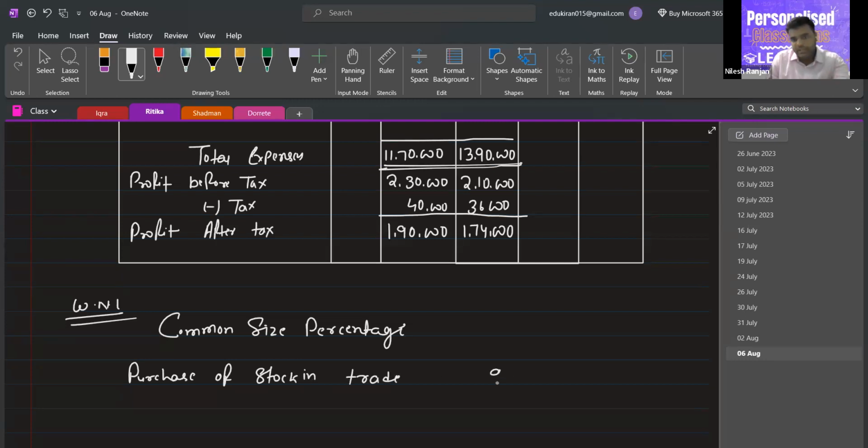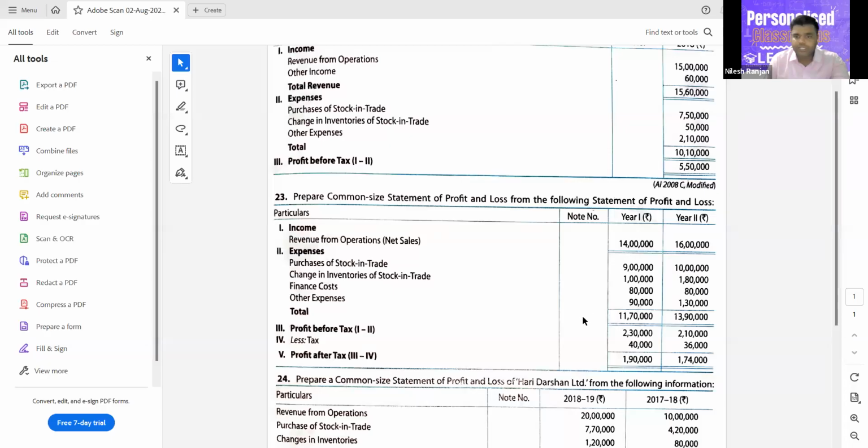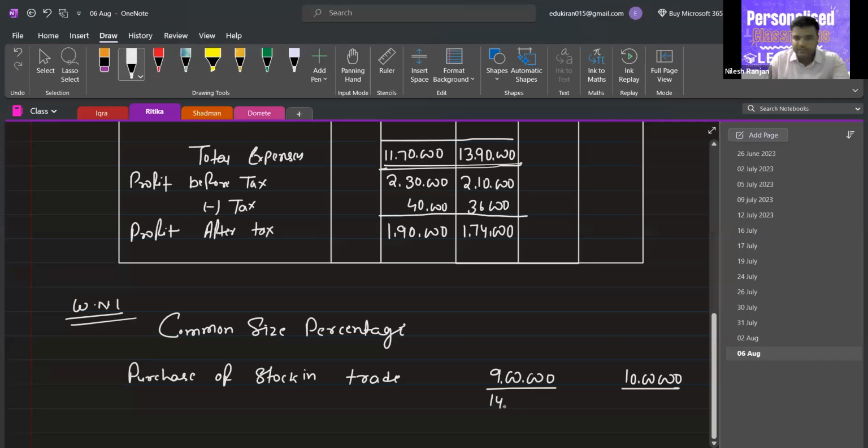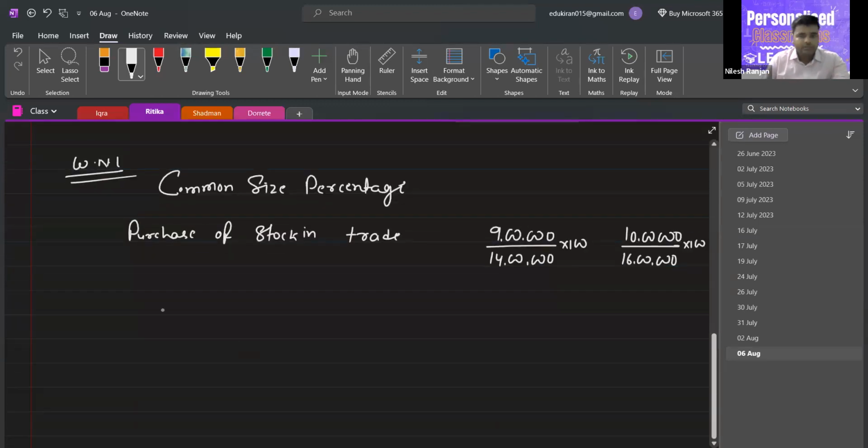So first is 9 lakh in first year, and year 2 it is 10 lakh, divided by the 14 lakh and 16 lakh, into 100, and here into 100. So this is our first item.